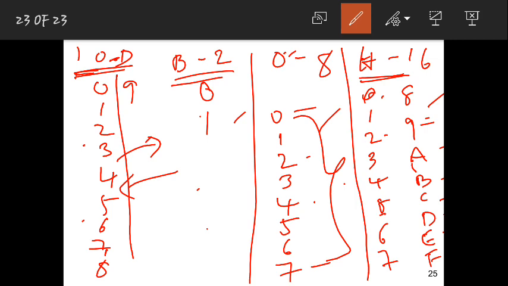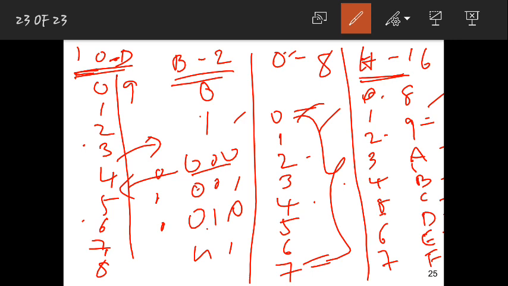If you want to write in terms of octa, you need 3 bits to write 0, 3 bits to write 1, 3 bits to write 2. We don't require 4 bits. Even if you take 4 bits, this bit will be 0 for all the numbers, because in octa you have only 0 to 7, and the minimum value is 0 0 0 and the maximum value is 1 1 1. This is for 7.